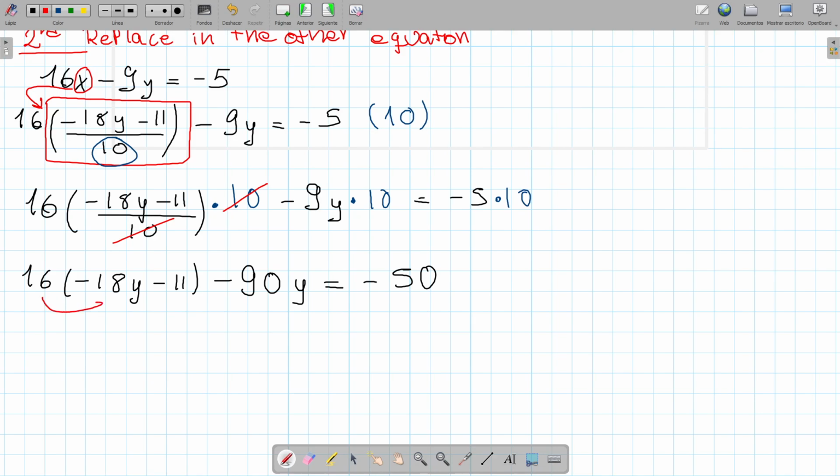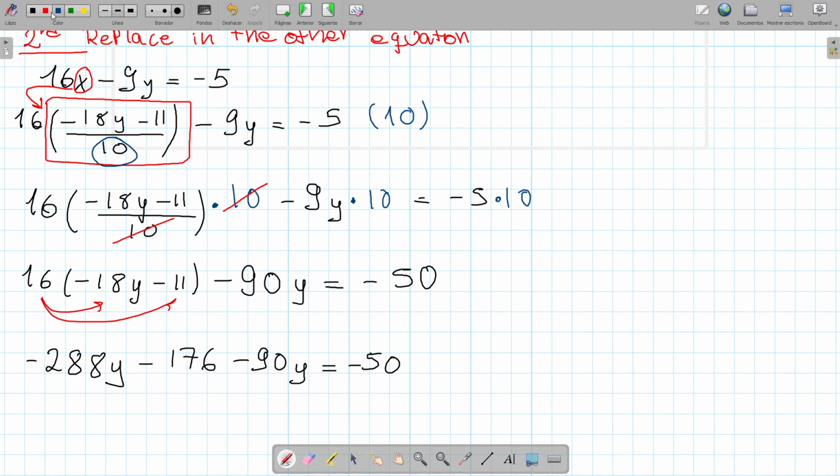I have a distributive property here. 16 times 18 will give me 288, so we have minus 288y, and 16 multiplied by 11 is 176, minus 90y equals minus 50.